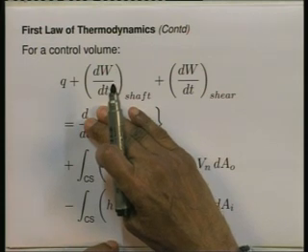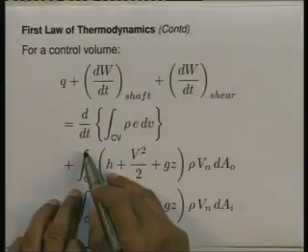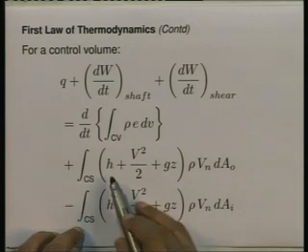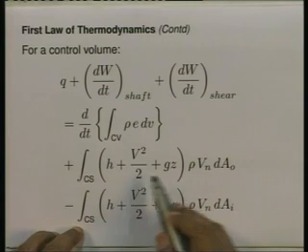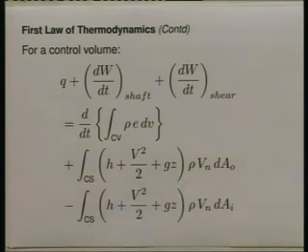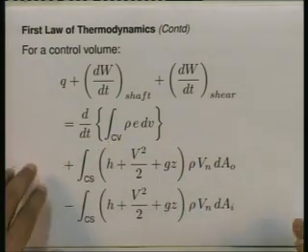Suppose I say it is steady and it is one dimensional. Now, notice the change. In addition, I need not integrate over the control surface. The values of h, V squared by 2 (kinetic energy), and potential energy need be taken only as the entering and the leaving values. So, the simplification which I will get if the flow is steady and one dimensional is the following.